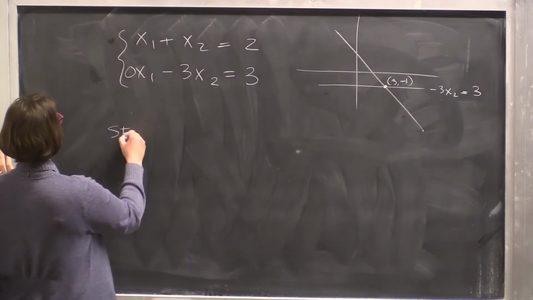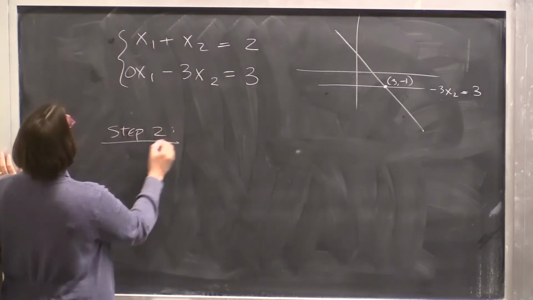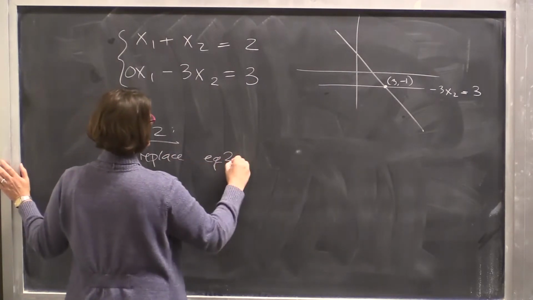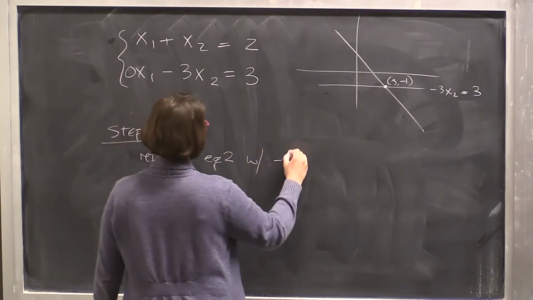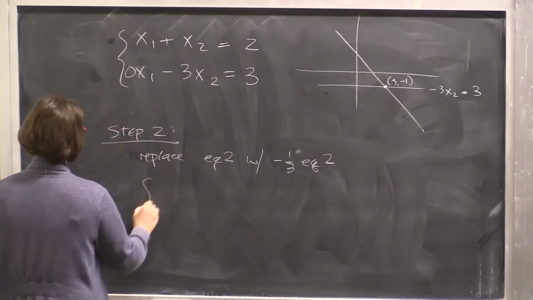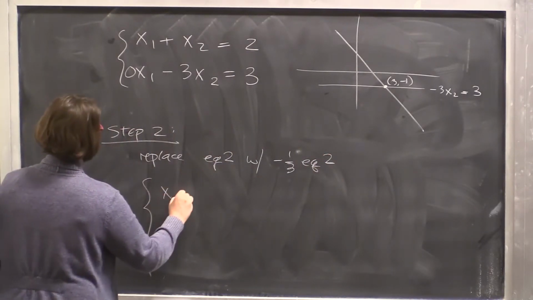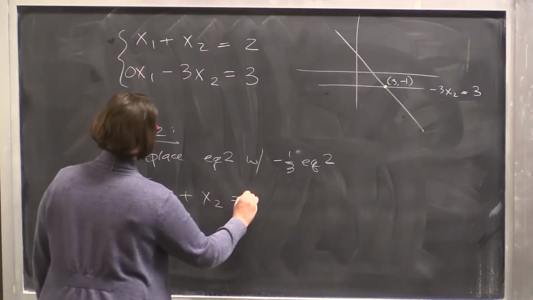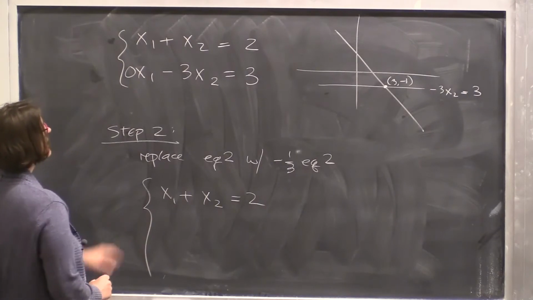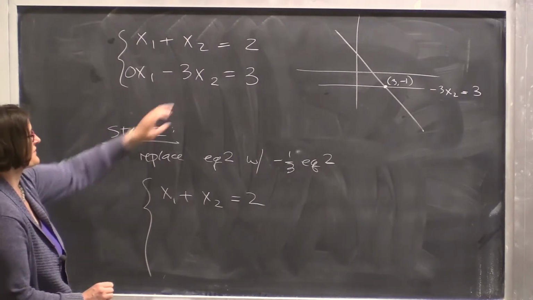Step 2 is replace equation 2 with minus a third of equation 2. So x1 plus x2 equals 2. I replace this with minus a third of that equation.